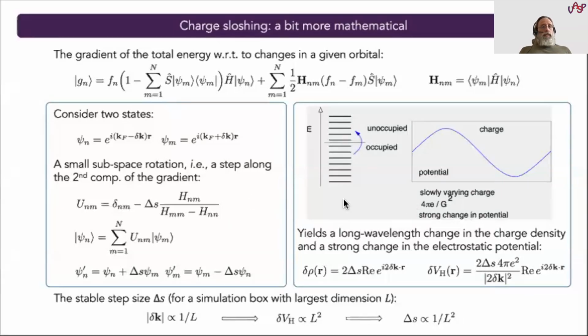If we would iterate such a scheme, then consider the stable step size for a simulation box with largest dimension L. We had this elongated cell of iron, so L was the large dimension of that.